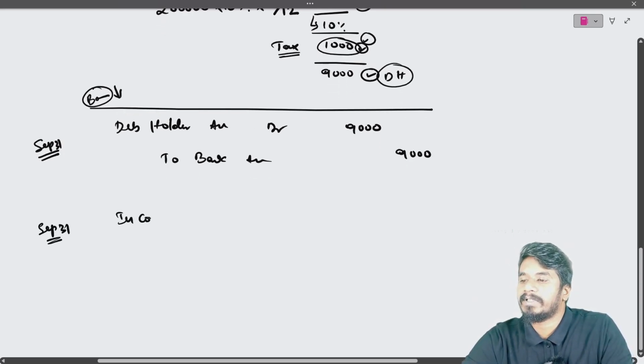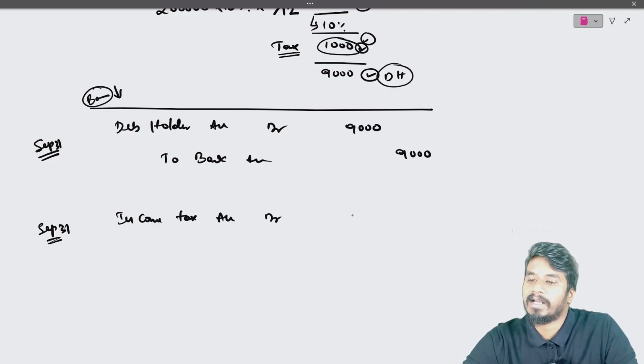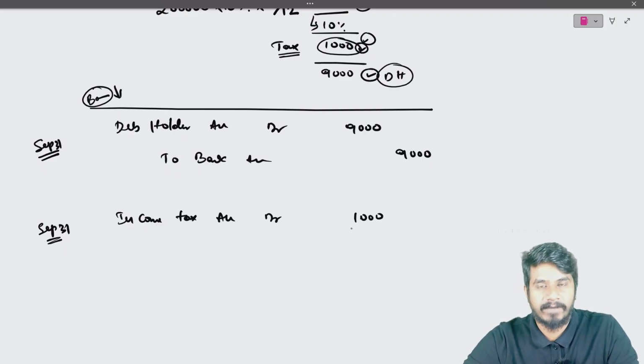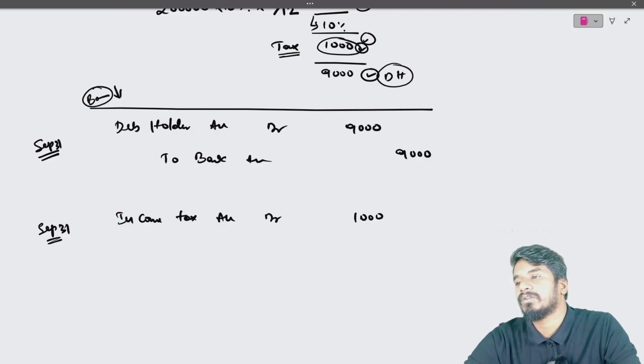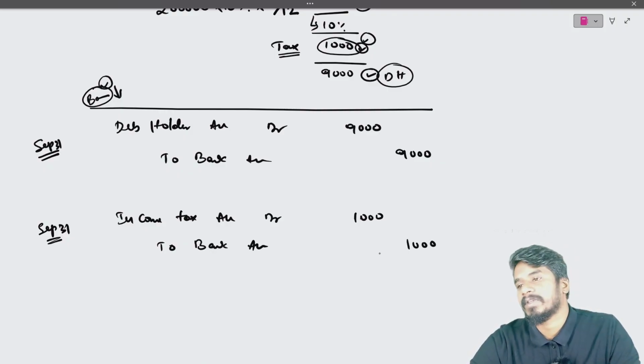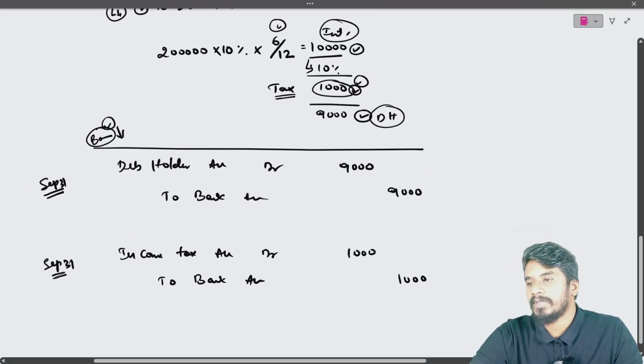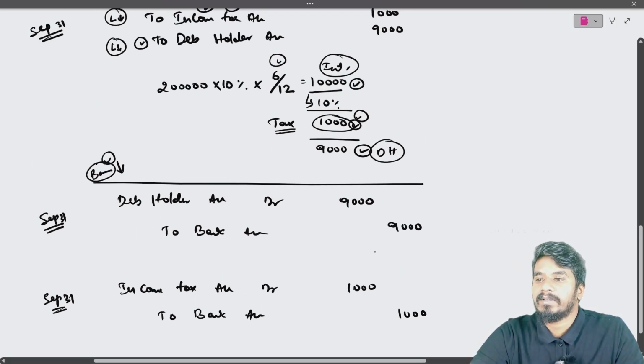So income tax account will get debited again for 1,000 rupees. Fine. From where are we paying? Through bank account, obviously it will get credited. Bank account will get credited for 1,000 rupees. Fine. So the first interest payment is done. The second interest payment is still pending.